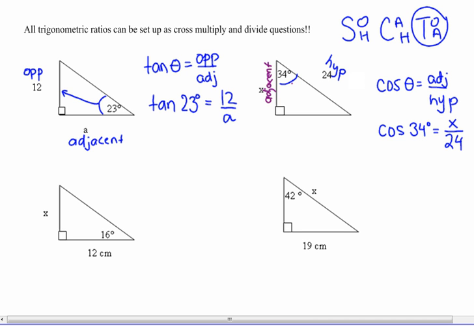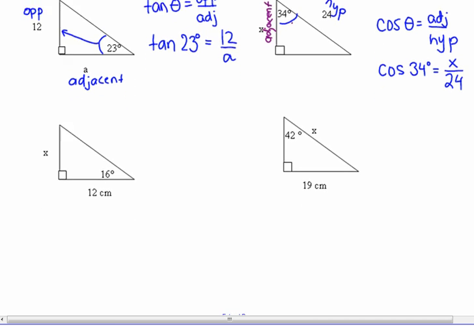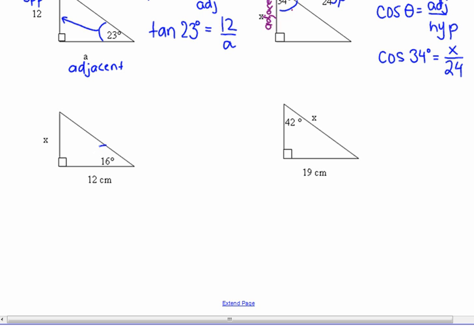Okay, does it still look kind of like gibberish? Yeah, it will for now. It's the most confusing in the first day, and then it gets a lot easier. We will solve. Not yet. We're just practicing choosing our ratio. So let's just choose our ratio for the last two.